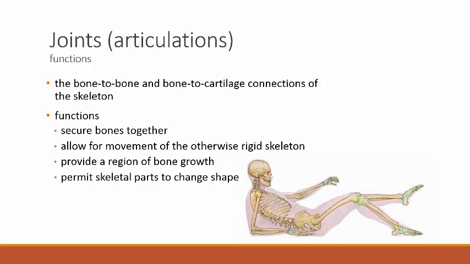And they are the spots in the very rigid skeletal system where we can allow for movement. Joints can be the region that allows for bone growth, and they permit the skeletal parts to change shape as the body grows and develops. So a number of ways that the joints are useful to the body.